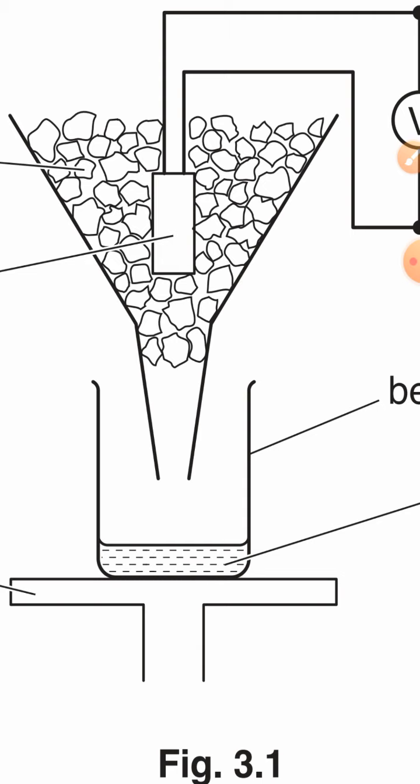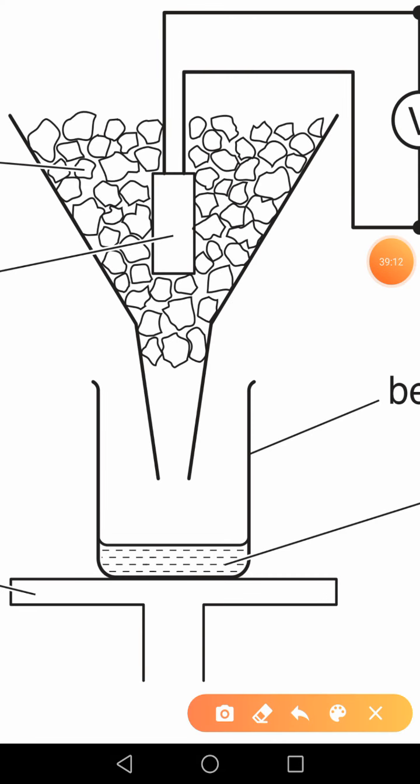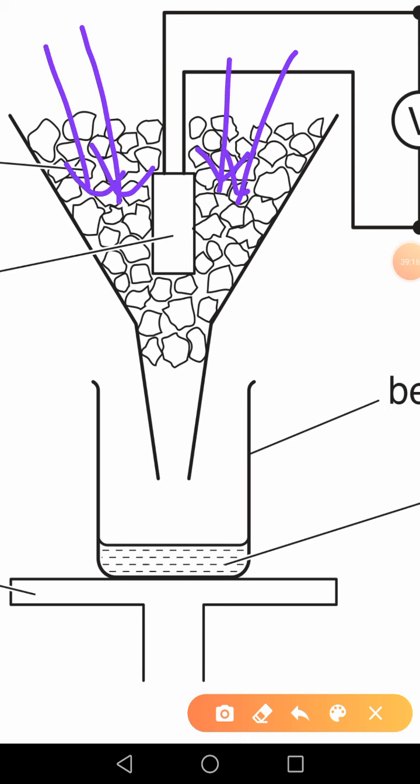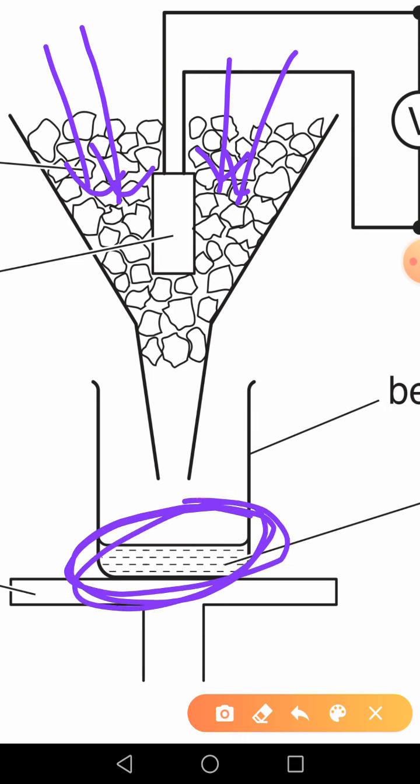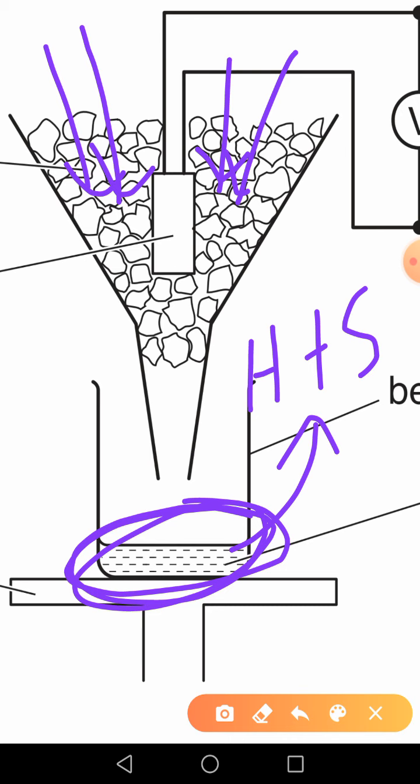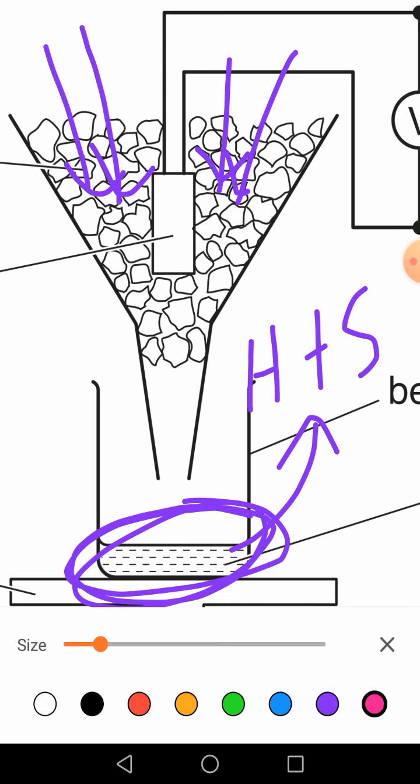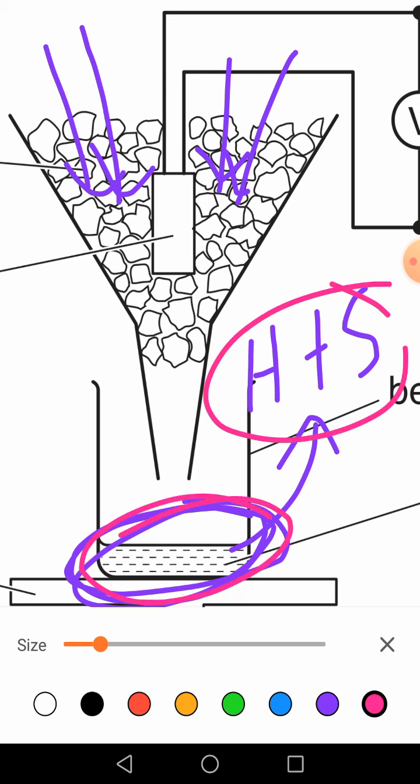The surrounding is also supplying some heat to the ice, and the total amount of water we have got here is the result of heat from the heater plus heat from the surrounding. So this amount of water that has melted is the result of both the heat from the heater as well as the heat from the surrounding.